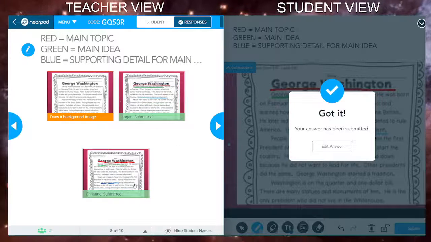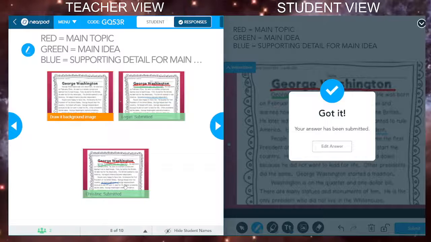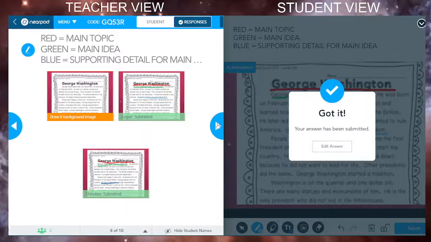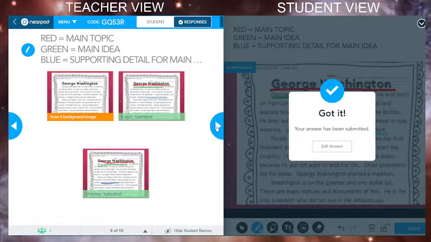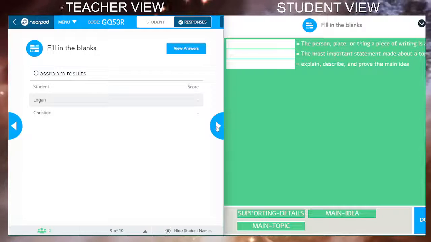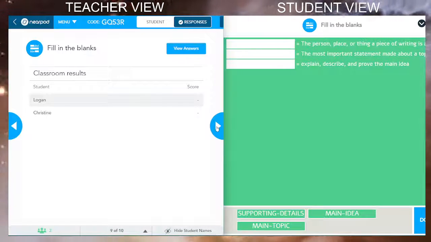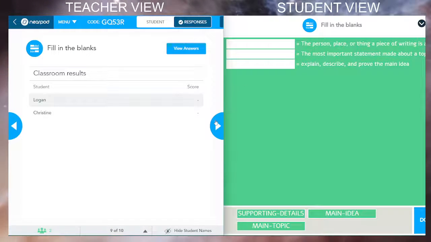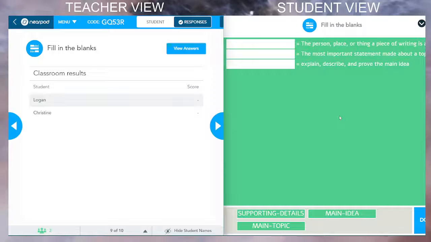You guys both had different answers for your supporting detail, and that's awesome because both of you are correct. Good job. So moving on here, the last thing we're going to do, I'm going to have you guys do a fill in the blank. We've talked about what the main idea is, what the main topic is, and what supporting details are. So go ahead and take a second and just go ahead and fill that out.